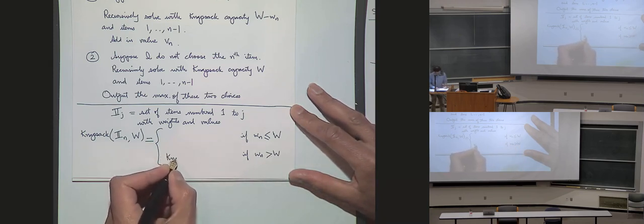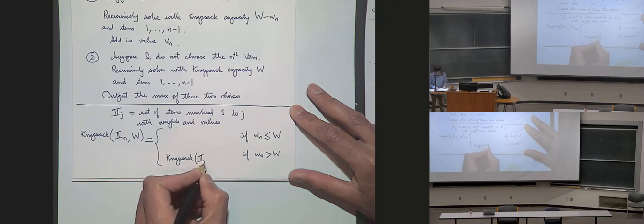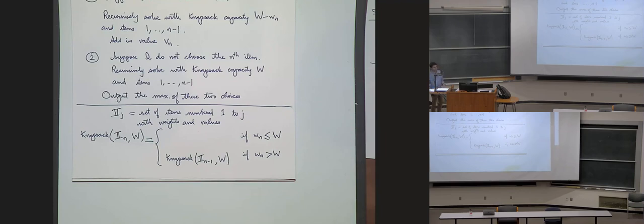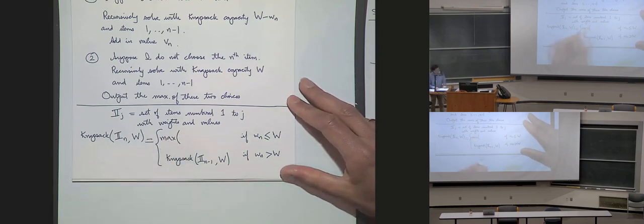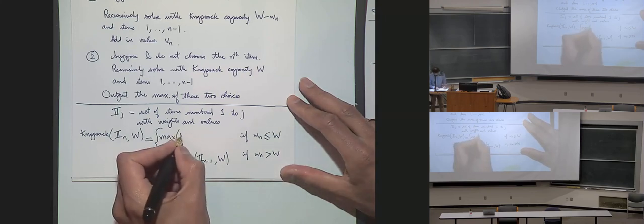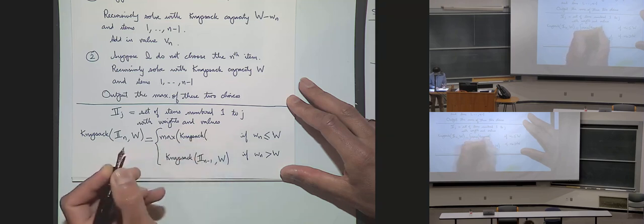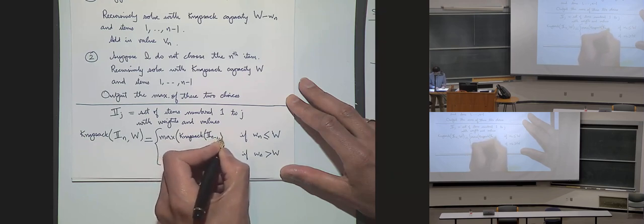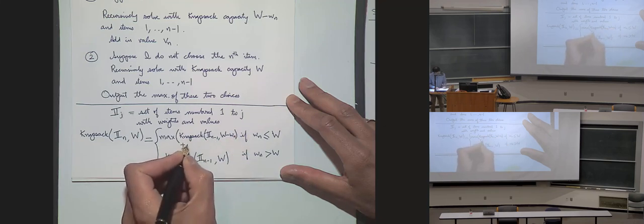I just return knapsack of I, n minus 1, W, because I cannot add it to my knapsack. That's the uninteresting case. This is the interesting part. So I take the max of two things: knapsack of I, n minus 1, W minus w_n, plus v_n.